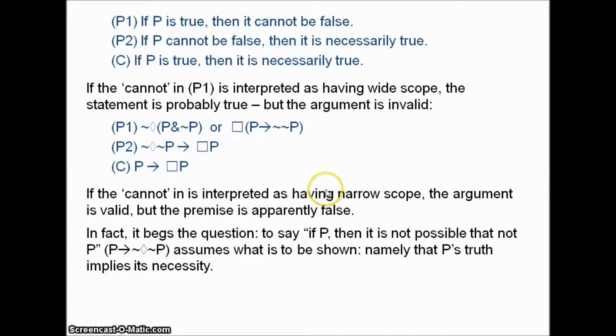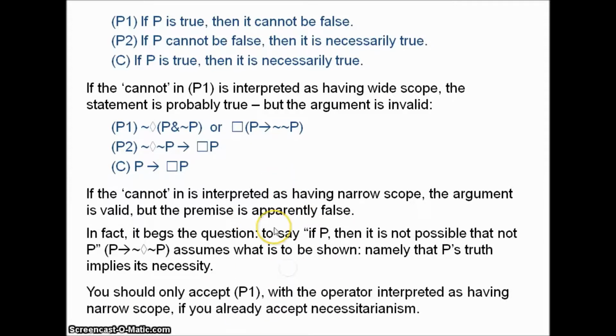So not possibly not P and necessarily P are logically equivalent. So you would only accept P1 interpreted with narrow scope if you already accept necessitarianism. Those who don't accept necessitarianism have no reason to accept P1 with the narrow scope.